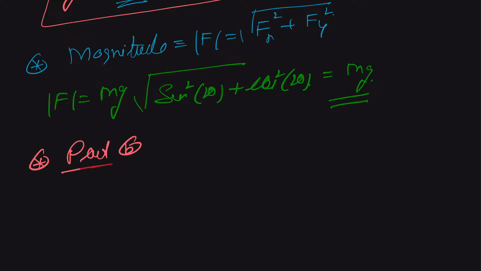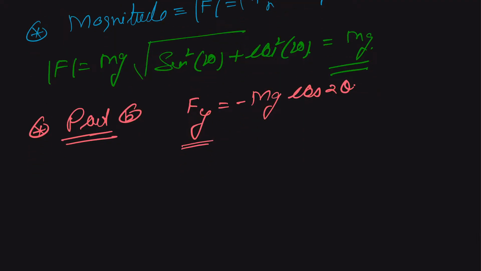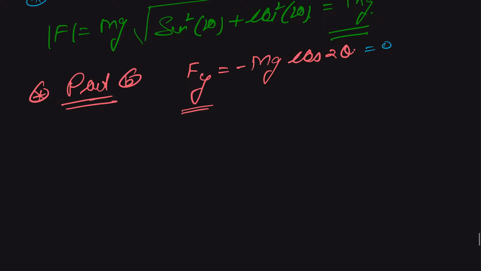So we have part B, and in part B we are interested in the vertical component. We already know that F of y is mg cos 2 theta, and we need that our vertical component should be equal to 0. So we substitute F of y equal to 0. Therefore cos of 2 theta is equal to 0.